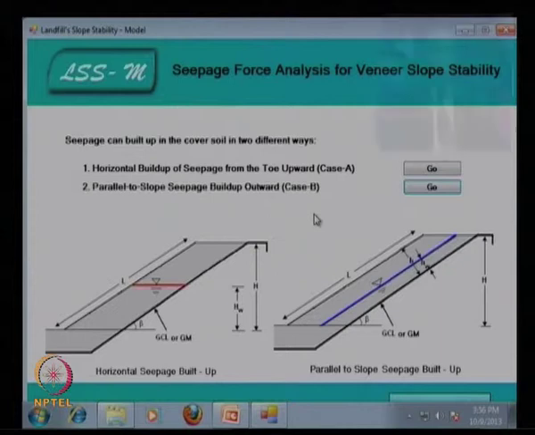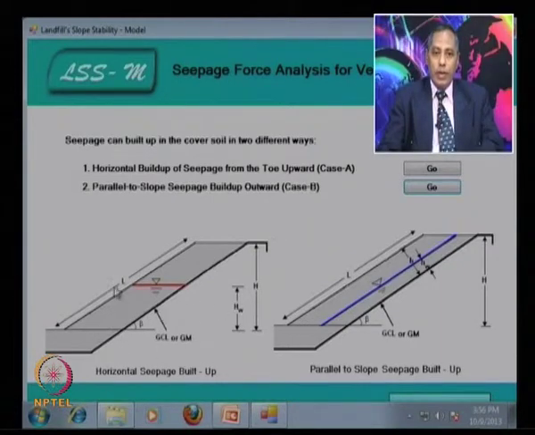One, horizontal buildup of seepage from the toe and upward, this is case A. And two, parallel to the slope, seepage buildup outward, this is case B. This is the geomembrane or geosynthetic clay liner, and we will show how we can determine if the seepage builds up horizontally.